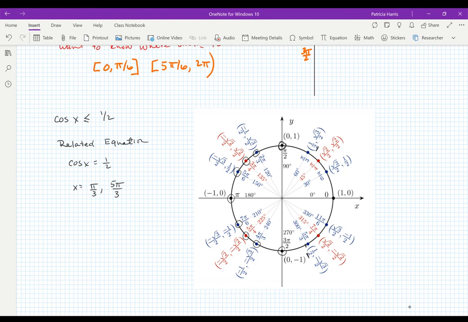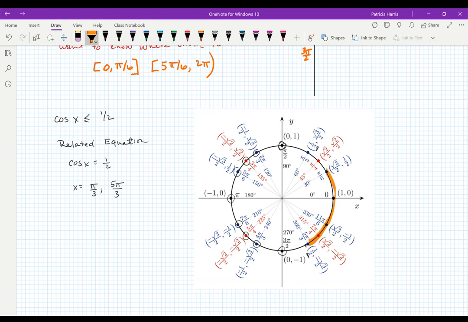Once we reach this part right here, all of this in here, a little too far. There we go. All of that in there, that orange highlighted part, that's greater than 1/2. So I don't want that. I want less than or equal to.